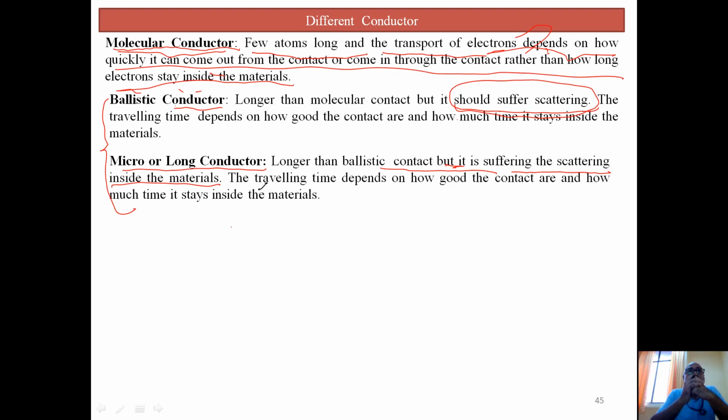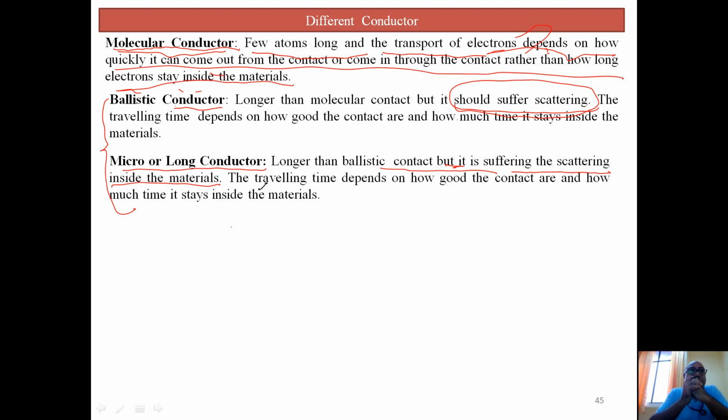Then if you apply some gate voltage, the potential will change. Similarly, based on the change of potential, based on the availability of states between the two, forming like F1 and F2, the electron will flow from source to drain.